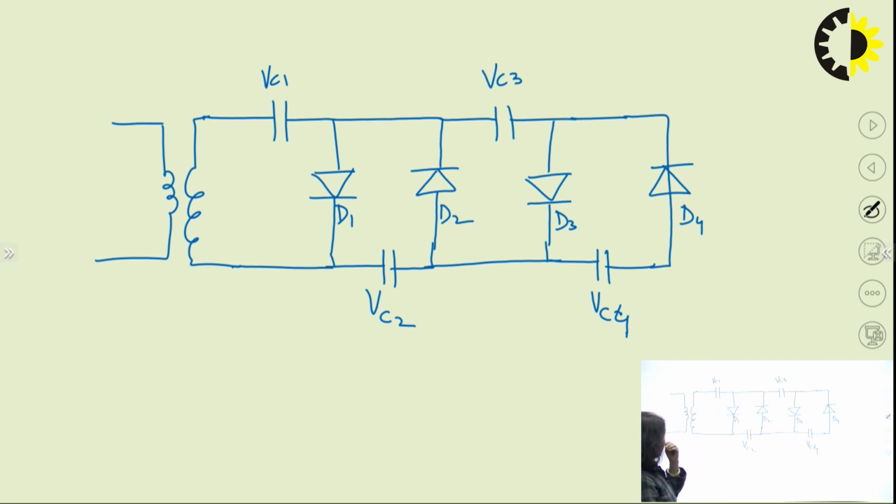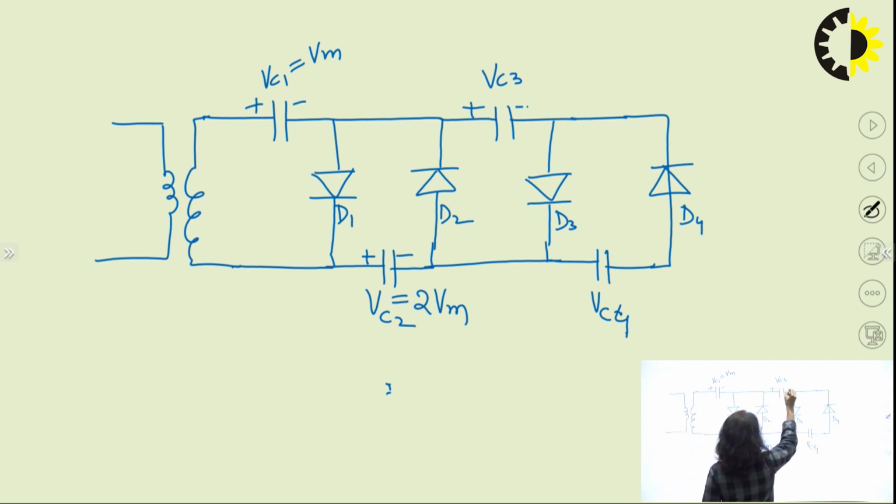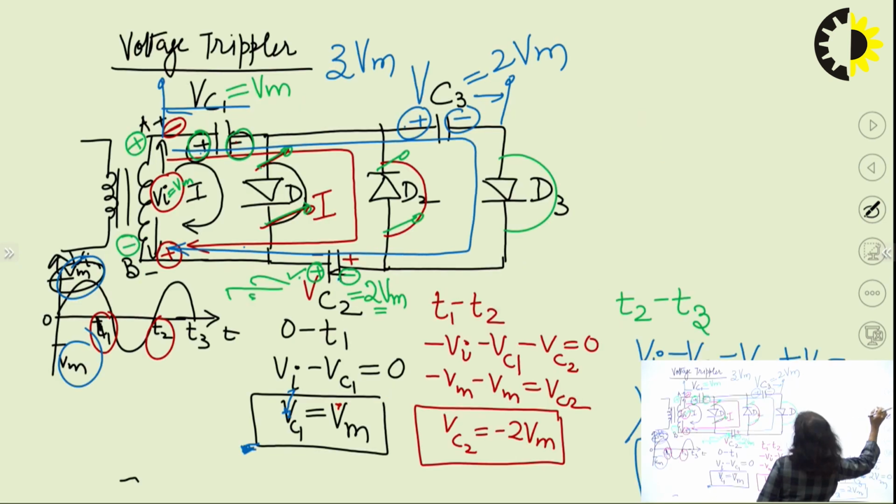In the first half cycle, this capacitor will be equal to Vm with the sign plus and minus. In the second, this will be plus minus 2 Vm, this will be plus minus 2 Vm.